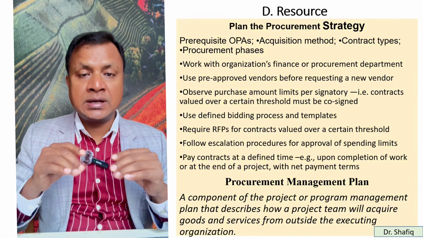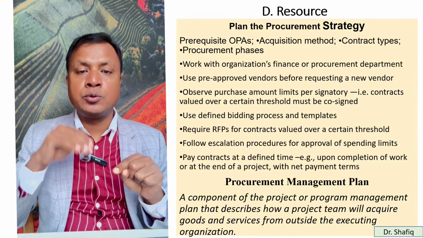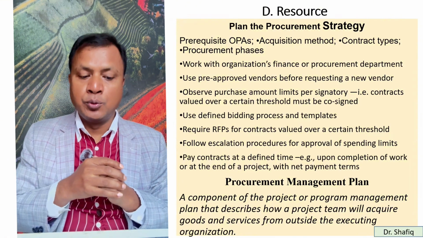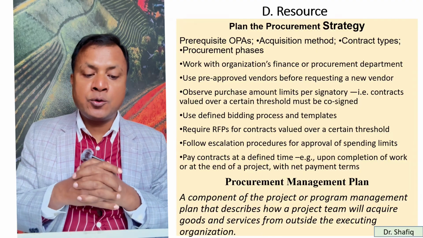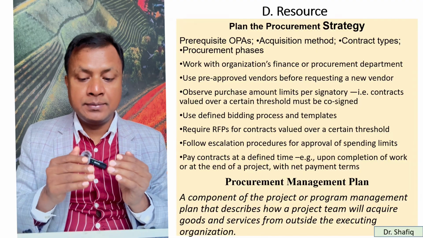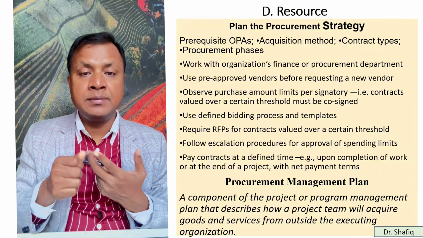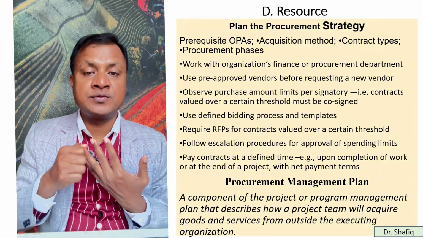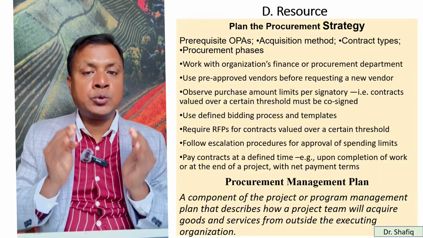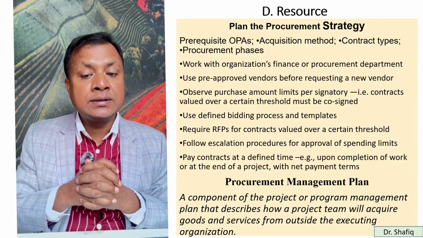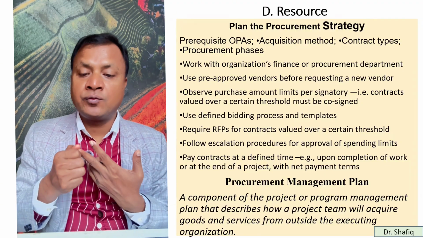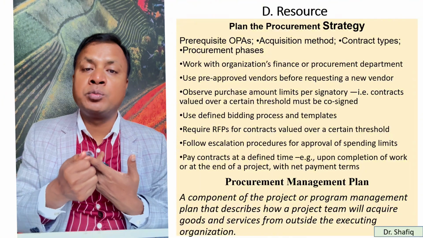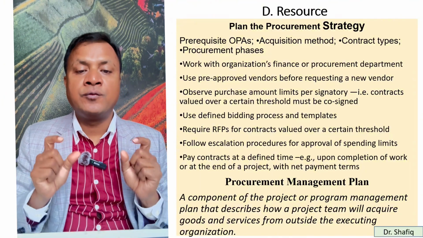If you cross the spending limits, we have to go to the PMO or the product owner, and pay contracts at a defined time. So in terms of time, budget, and scope, we have to think clearly about what kind of acquisition method, what kind of contract types, and what kind of procurement phases we will be following for our product.